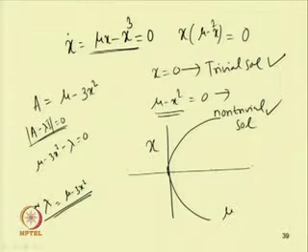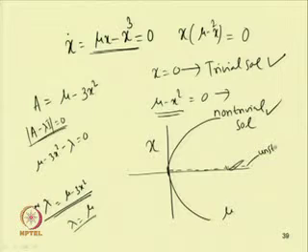Now substituting x equal to 0, we find lambda equal to mu. So, x equal to 0 corresponds to lambda equal to mu. When mu is positive, lambda is positive. So, the eigenvalue becomes positive, and this branch becomes unstable.